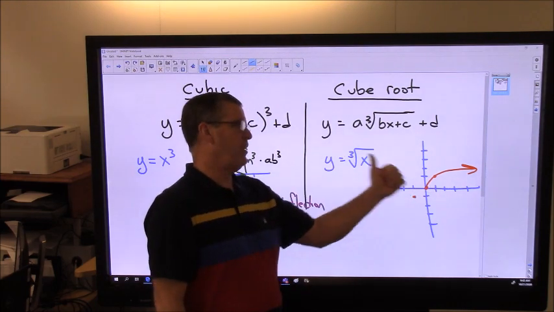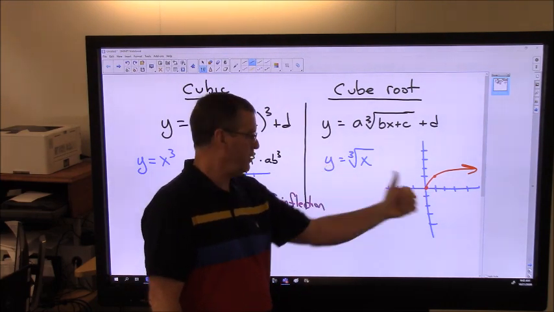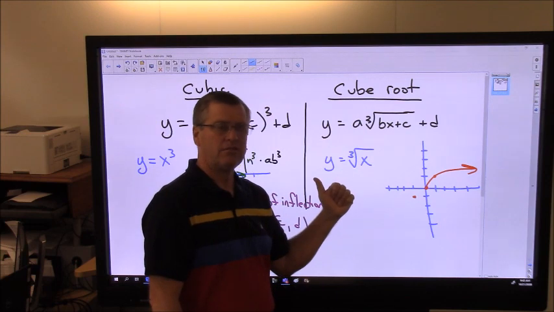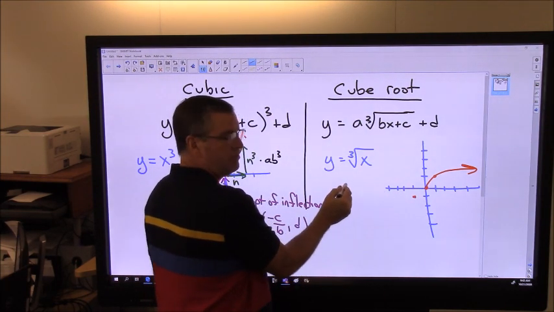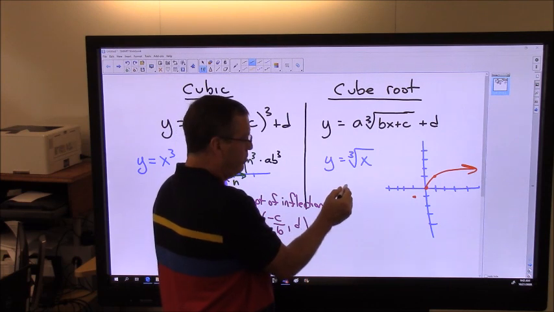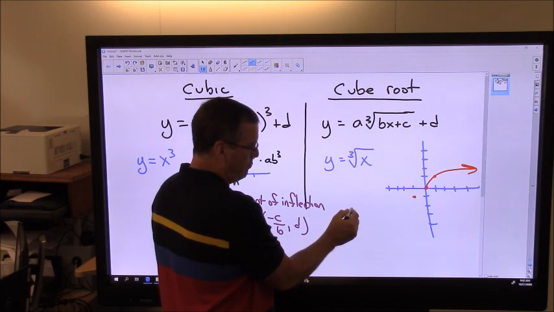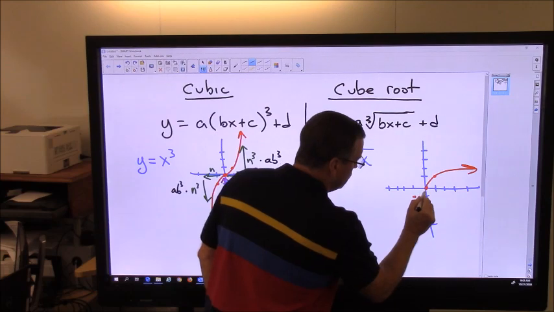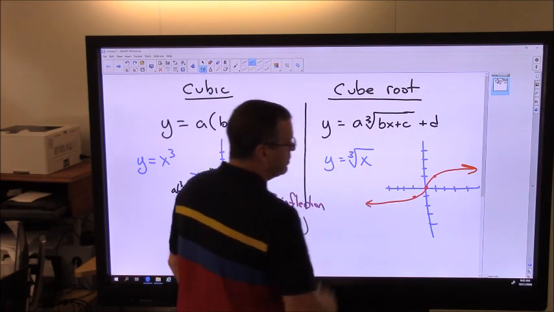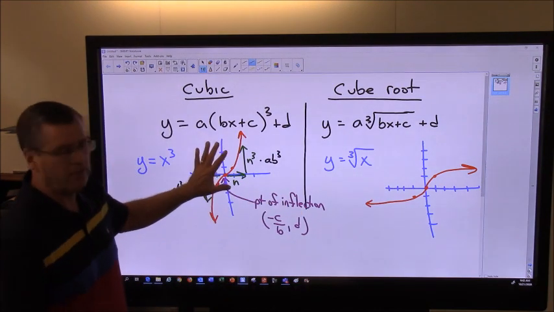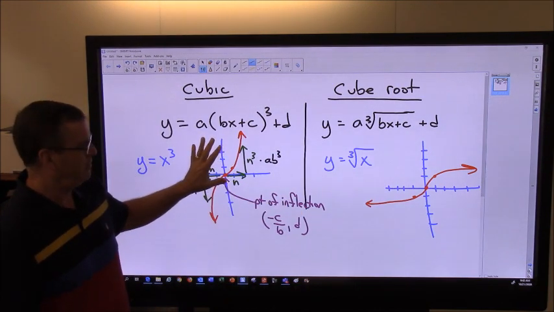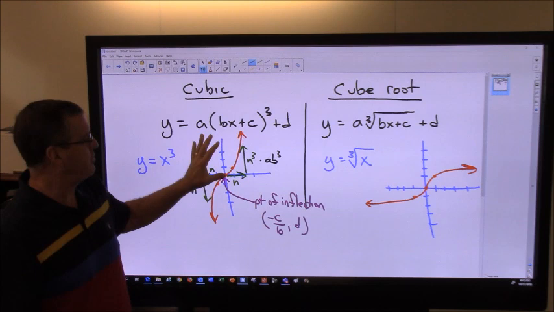The next number that I would know the cube root of is going to be way out here at negative 8. So I'm going to come all the way out to here, to negative 8. The cube root of that is negative 2. So I have a point way out here somewhere. And so this graph is going to look like that. It's a sideways version of this graph. That's why we can do both of these at the same time.